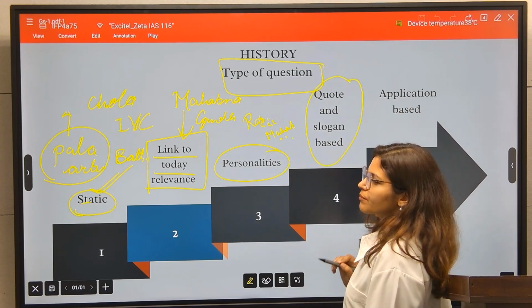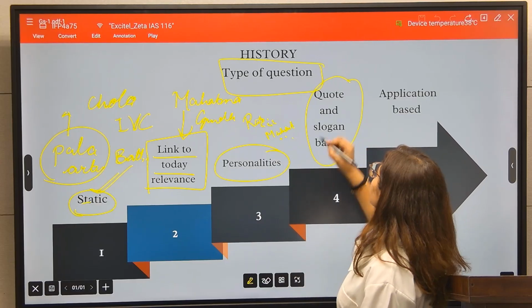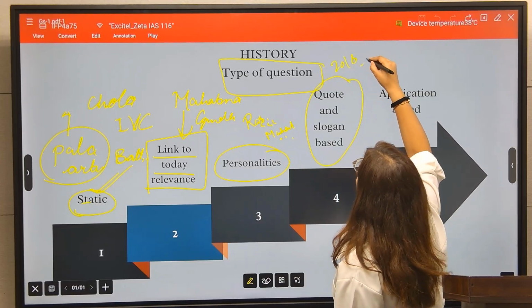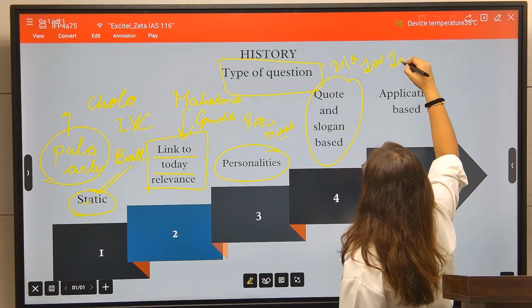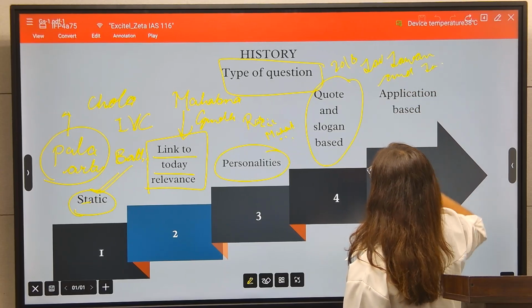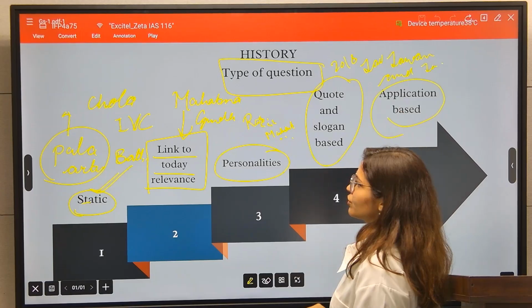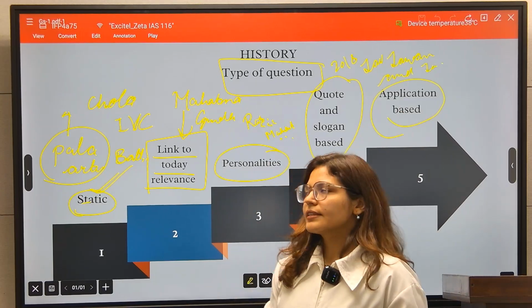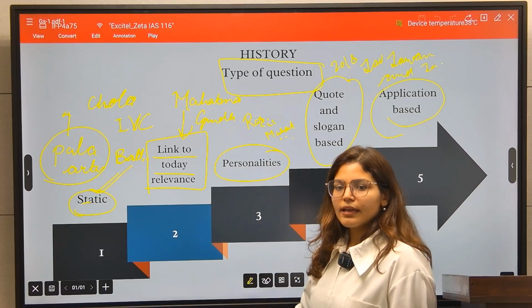Quote-based and slogan-based questions were also asked in 2018, like Jai Jawan and Jai Kisan. And then application-based questions. So these are the 5 types of questions that have been asked by UPSC in history.